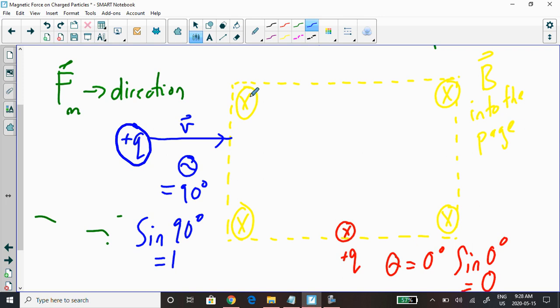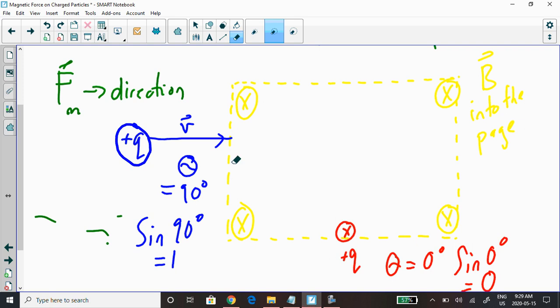And I'm telling you that the area, or the volume, if you want to think three-dimensionally, where there is a magnetic field is all confined to within the yellow here. Only in the yellow will we have a magnetic field. And I'm going to give you the direction of the magnetic field by drawing, in the corners, a circle with an X, a circle with an X, a circle with an X, a circle with an X. And that is telling you, because we use this notation in grade 11, that the magnetic field is into the page.